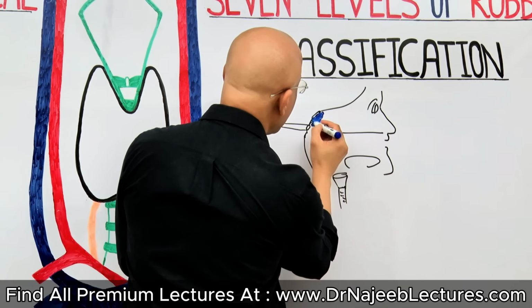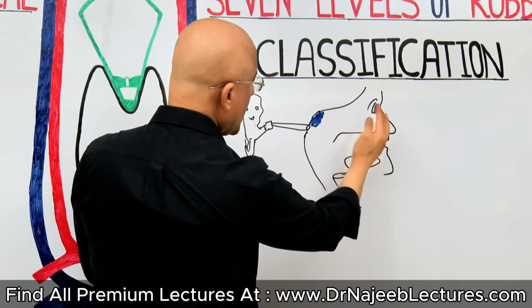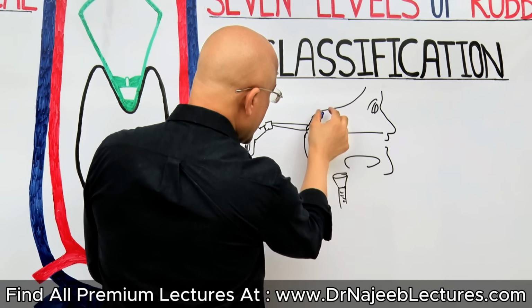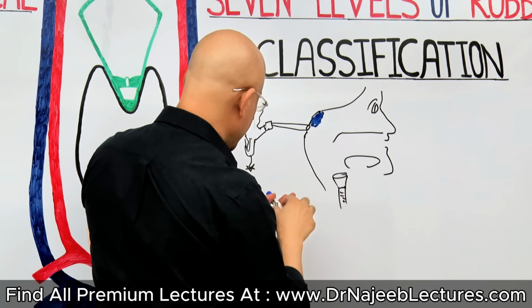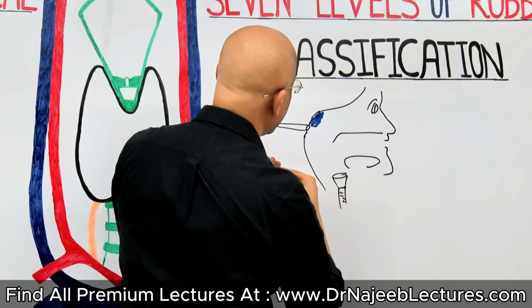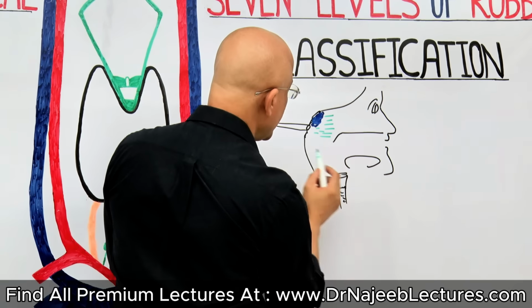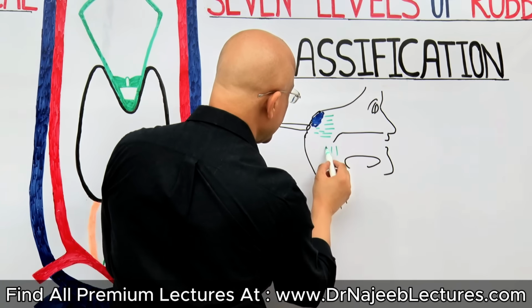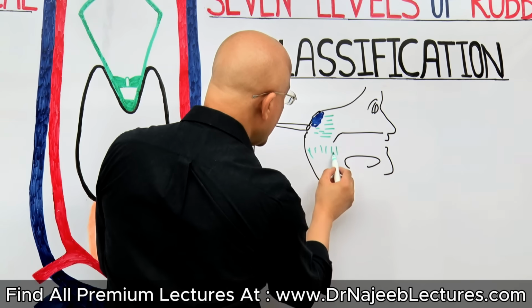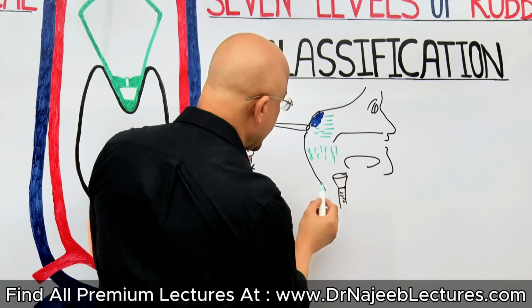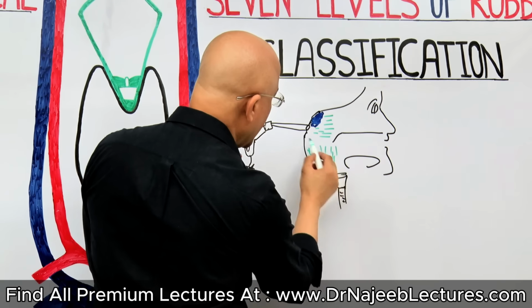This is nasopharynx. Look, this area is the whole pharynx, right? Out of this, this is behind the nose, this is nasopharynx. Behind the oral cavity, there is oropharynx.